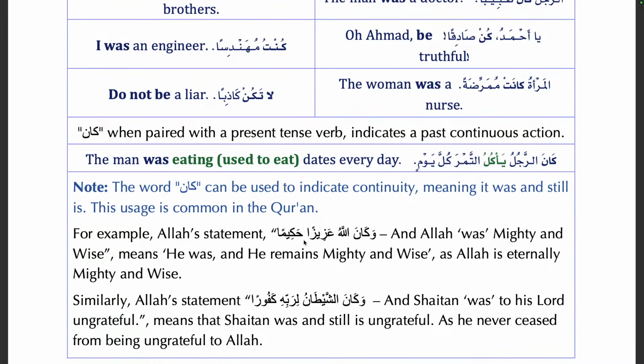That's something we know of Allah. But if we take the example with something else, what extra meaning does it give? It emphasizes the presence of that trait in the past, and it being present at the moment.